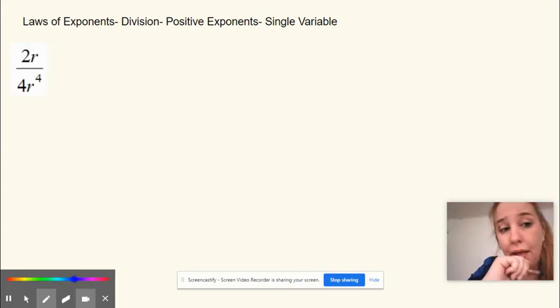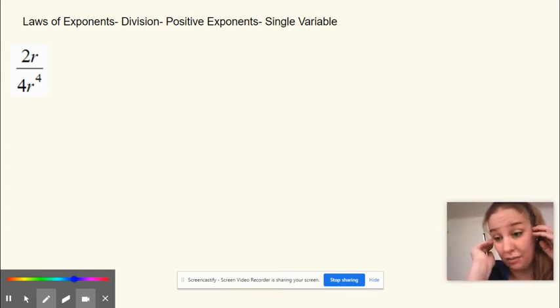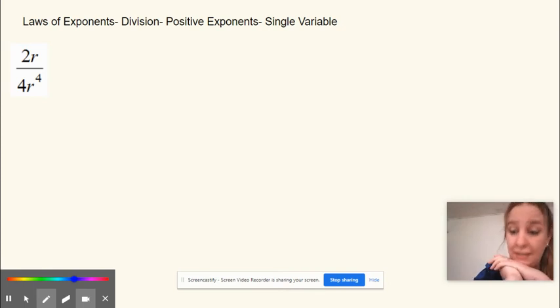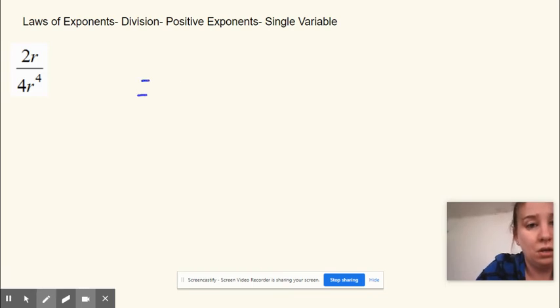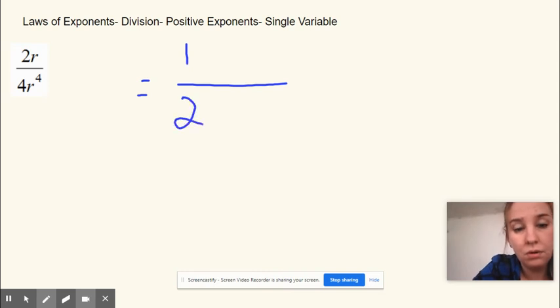All right, next example. Let's take a look at our coefficients. Remember, you're not subtracting coefficients. You're treating them like regular numbers. So 2 over 4, we can simplify. It simplifies to a half. Okay, so let's take a look at our r's.